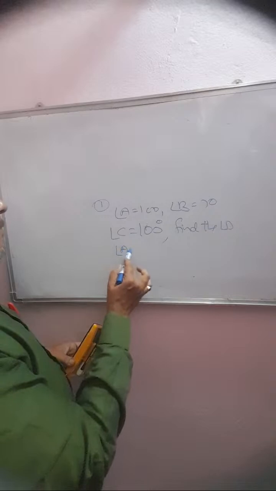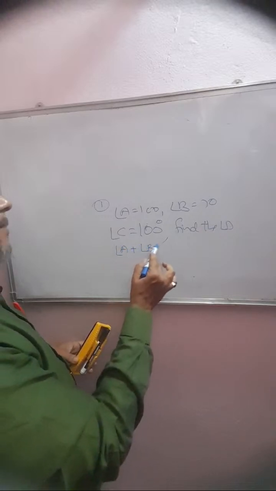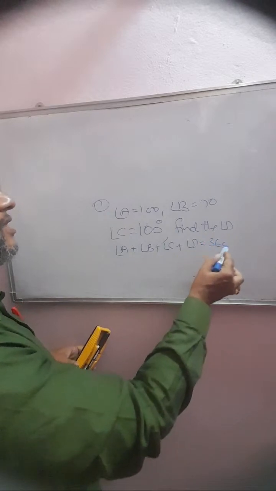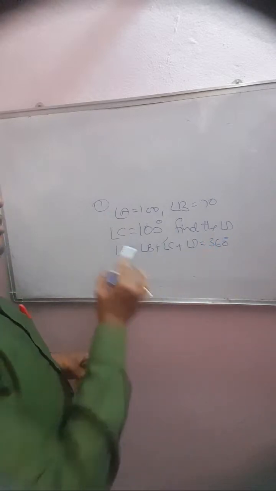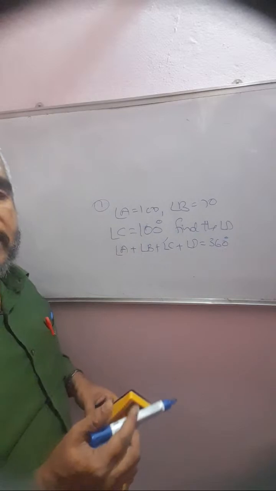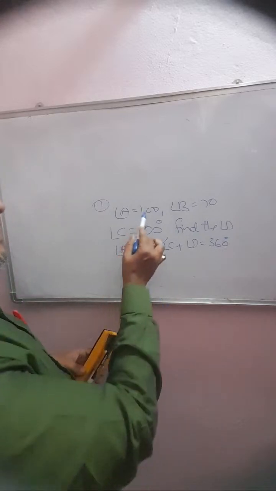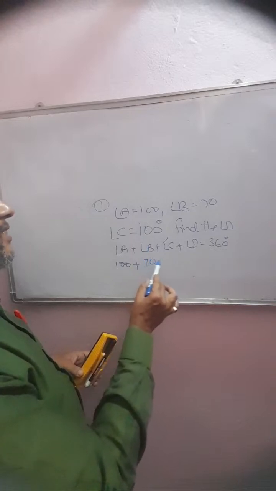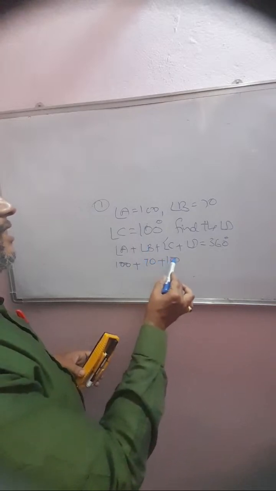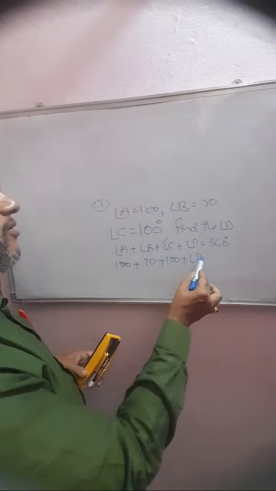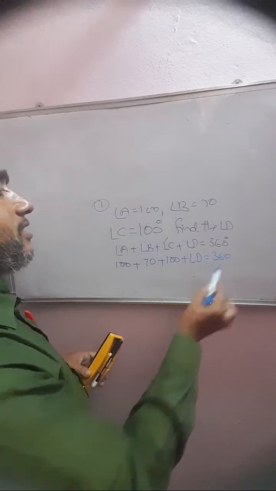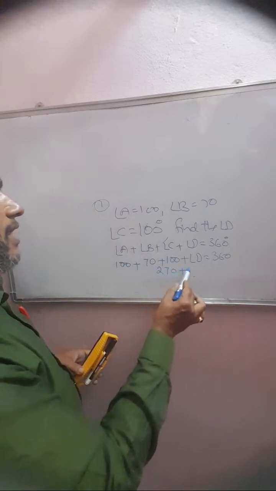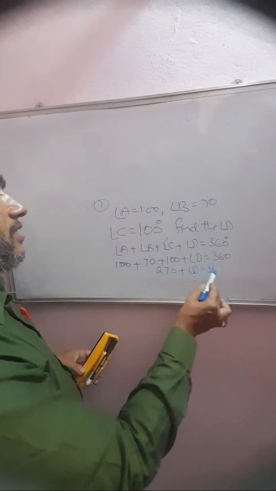First write angle A plus angle B plus angle C plus angle D is equal to 360 degrees. We know this relation between the angles of a quadrilateral. Angle A is 100, angle B is 70, angle C is 100, and D we don't know, so write it like that, equal to 360 degrees. 170 plus 100 is 270, plus angle D is equal to 360 degrees.